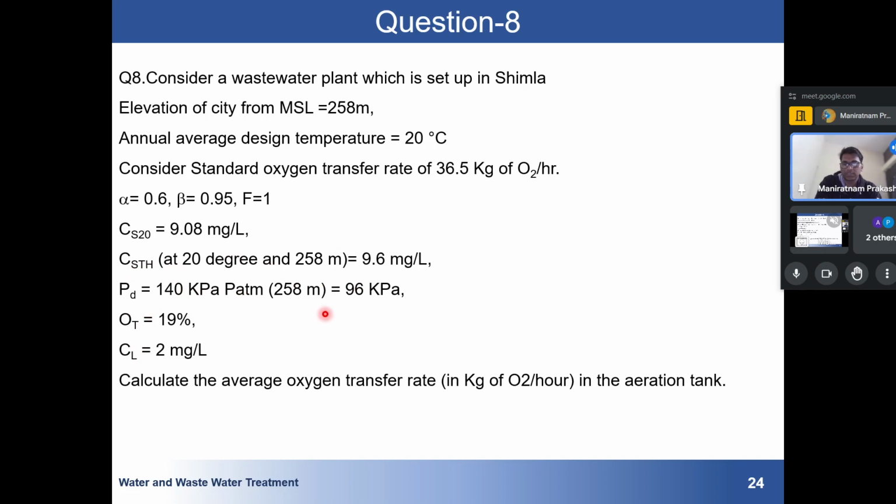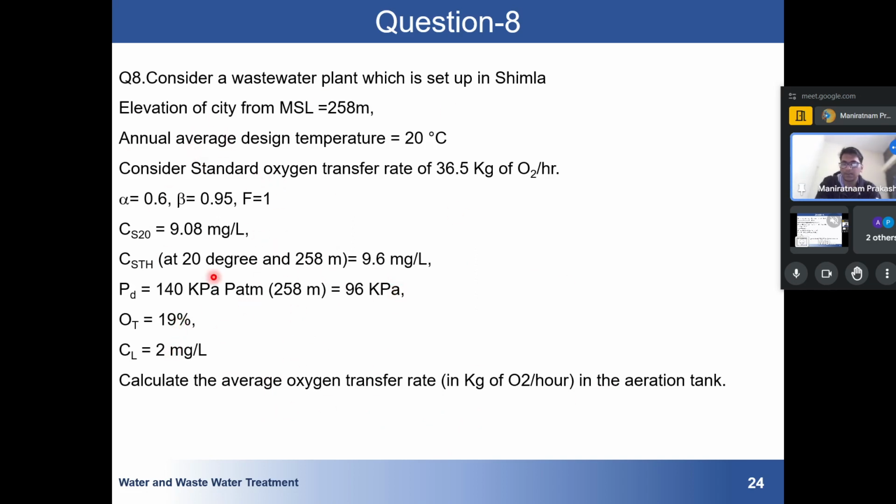Then the pressure is 140 kPa, or 96 kPa. I must have written some mismatch. Then the oxygen transfer rate is 19 percent. Calculate the average oxygen.